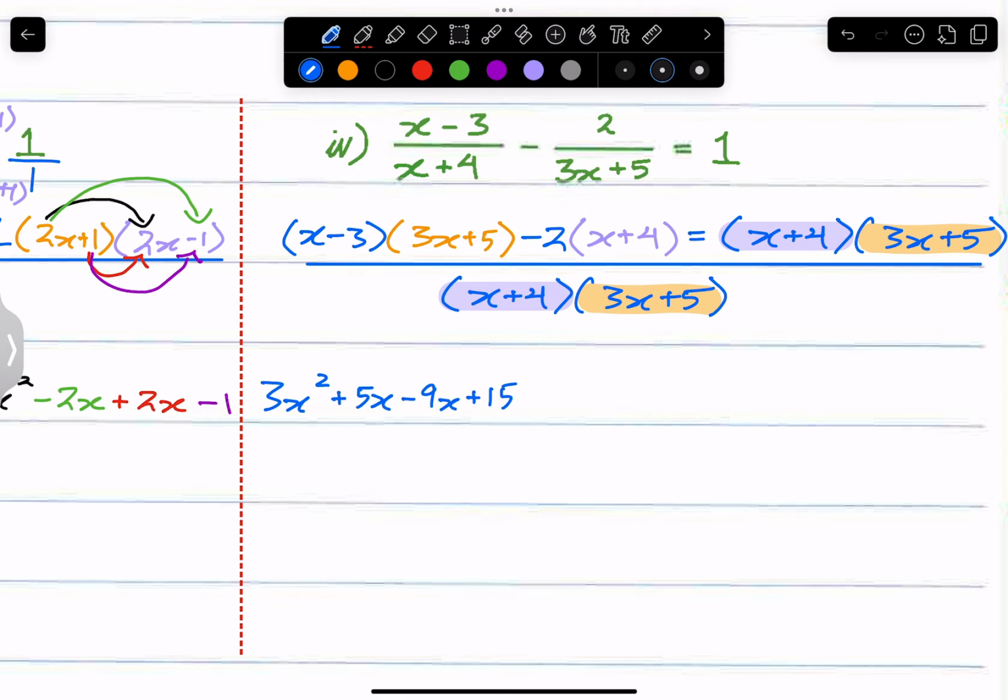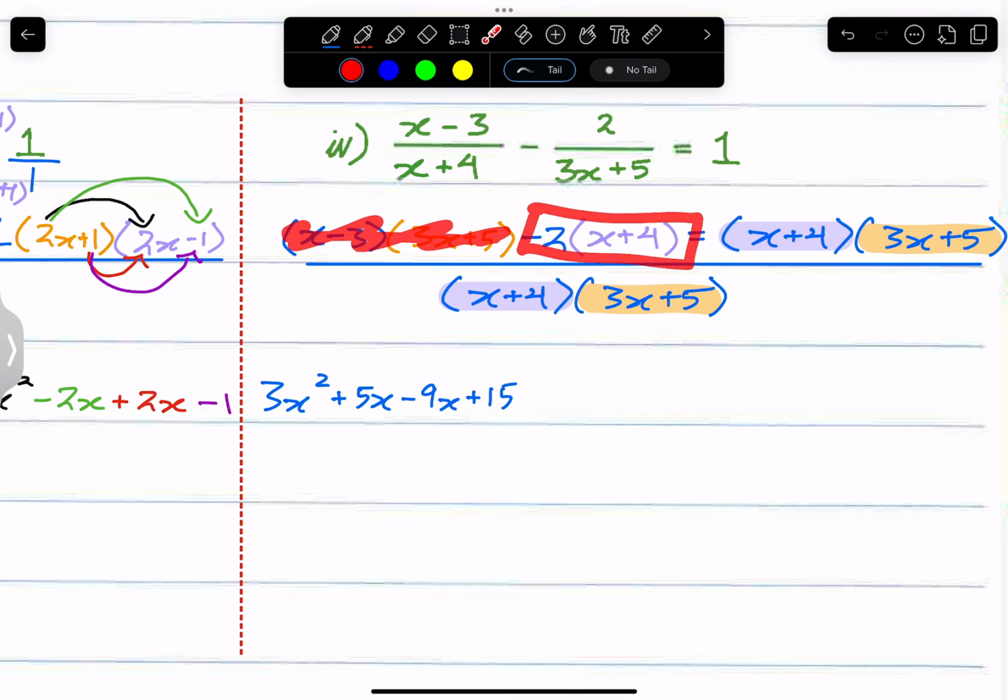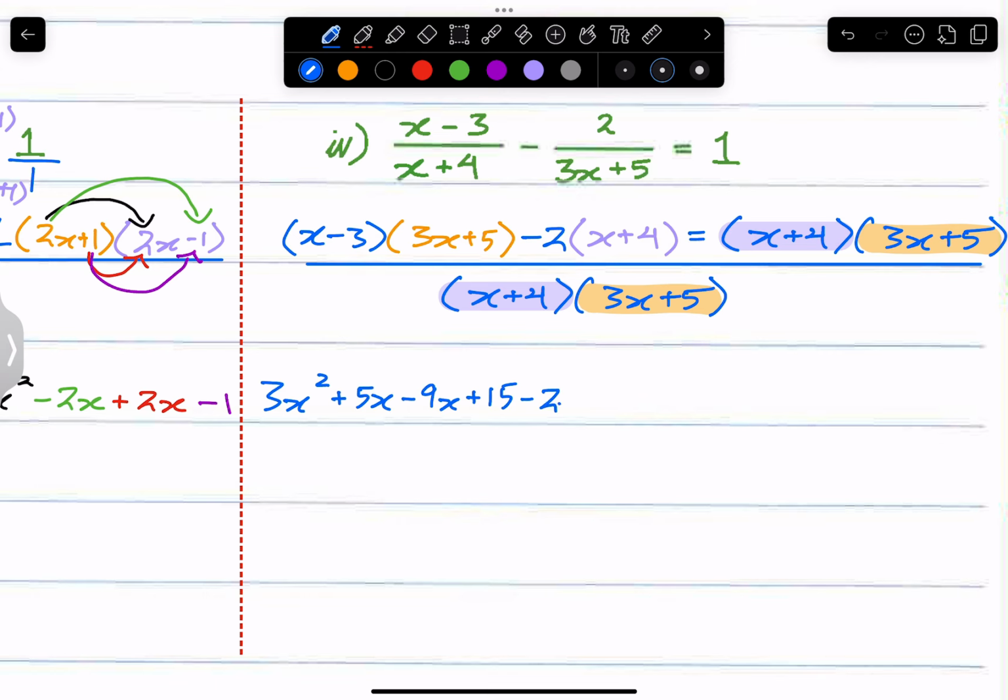We are finished with expanding this group. We are now going to expand this next group, which is a lot easier. Negative 2 times x is negative 2x. Negative 2 times positive 4 is negative 8. And we're finished with this expansion.